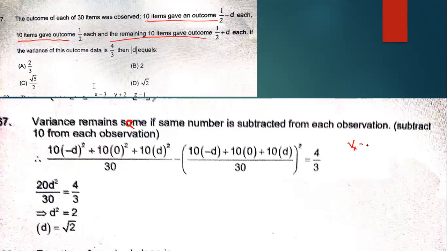Variance, I'm writing the formula: sigma square, writing like that, the idea is there. That means sigma x is 4 by n minus, this is the variance formula.